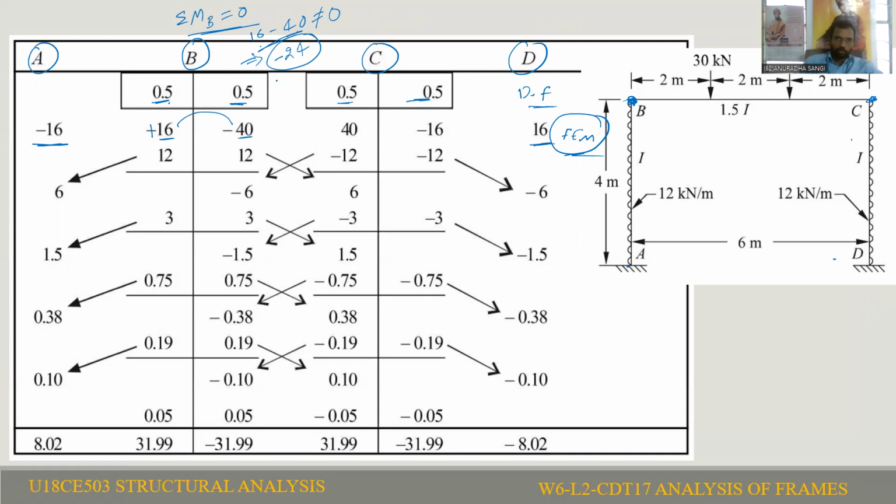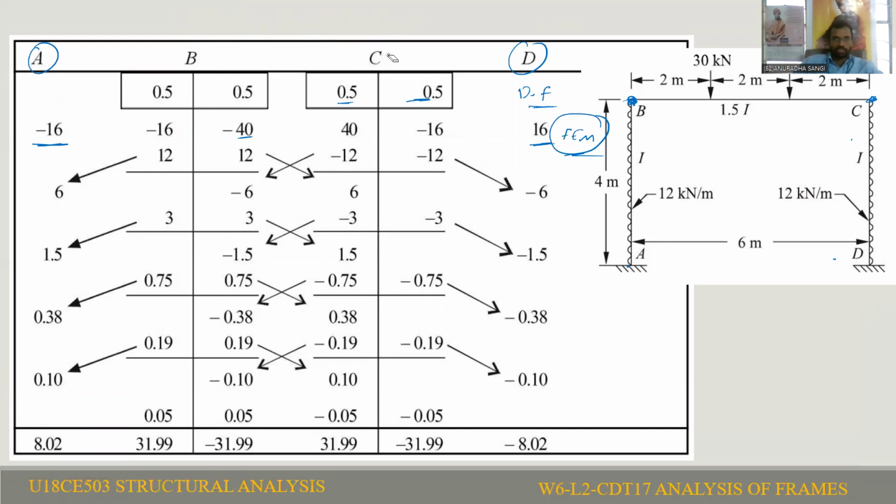So the unbalanced moment is minus 24. To balance it, we have to add plus 24 kilonewton meter at joint B. Why are we adding plus 24?